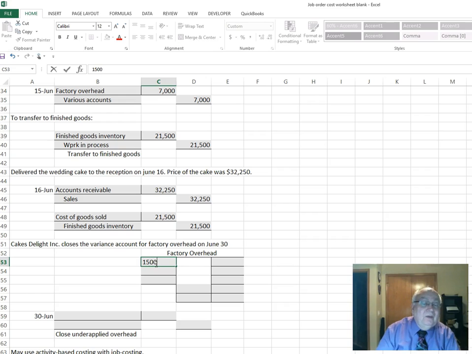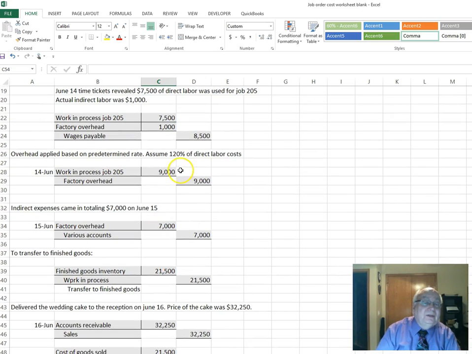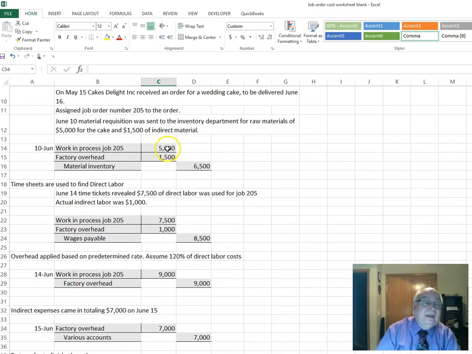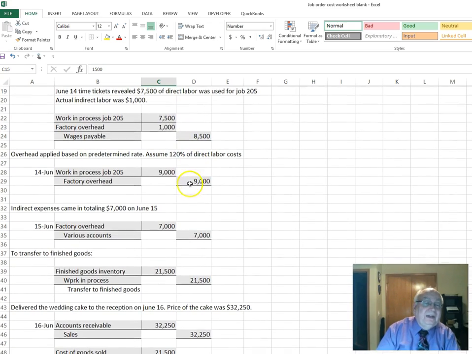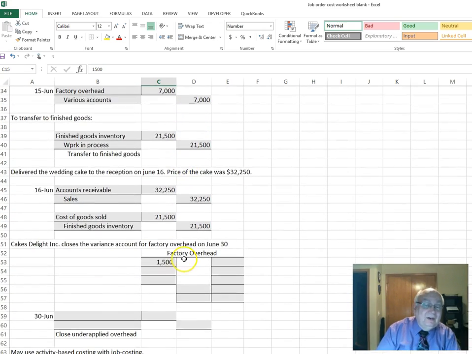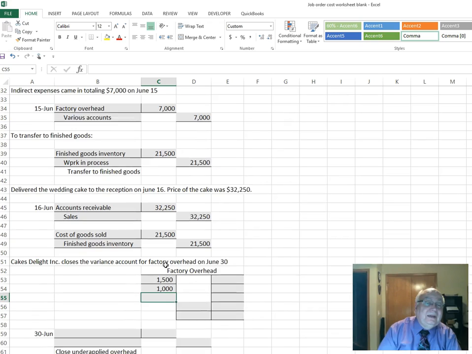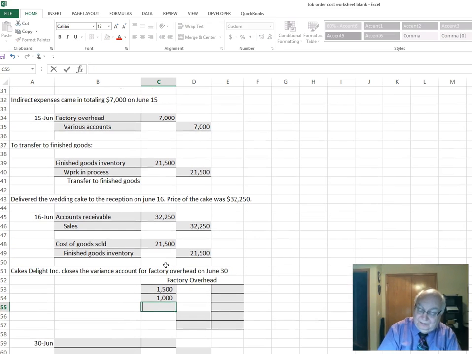We have a debit for $1,500, which was this one right there. That's that $1,500. Then you see we have $1,000 as a debit, so that will go here. And then we have a debit for $7,000, and we also have a credit for $9,000.